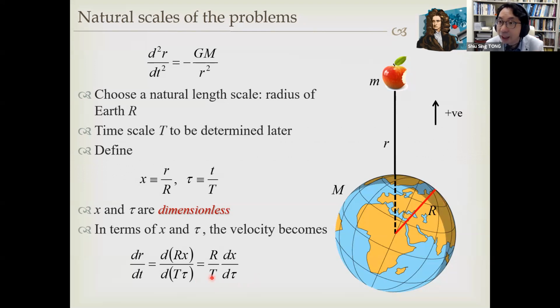We don't know what T is, but that doesn't matter at this moment. At least we know T is a constant, certain time scale, maybe 1,000 seconds, we don't know. And so they can be taken out of the derivative because they are constant. And so if I take R and T out, it will become R over T dx d tau. So we express the velocity of the apple in terms of the dimensionless variables, dx d tau.